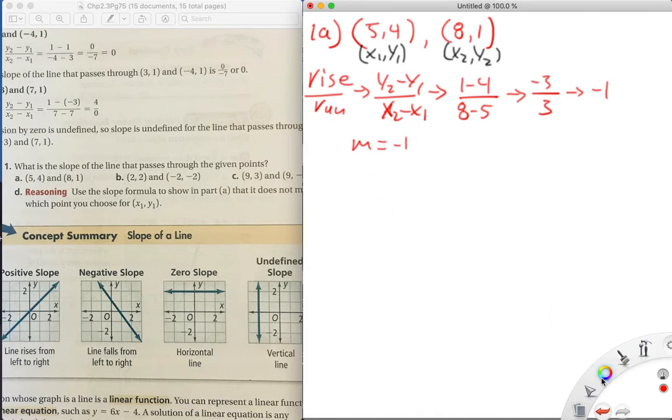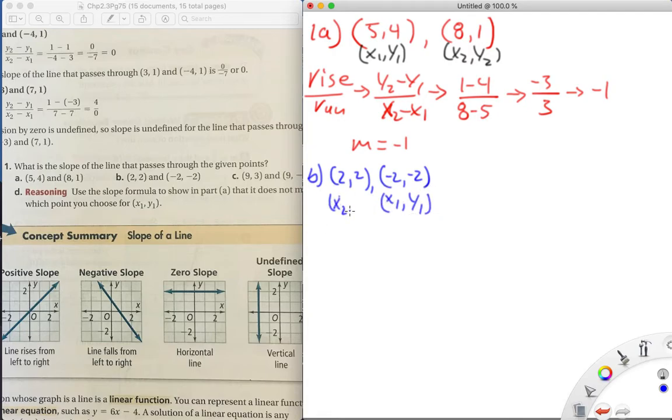Okay. For number 1b, we have a negative slope. Again, rise over run, y2 minus y1 over x2 minus x1. In this case, our ordered pairs are (2, 2) and (-2, -2). Let's call these my x1, y1 and these my x2, y2.